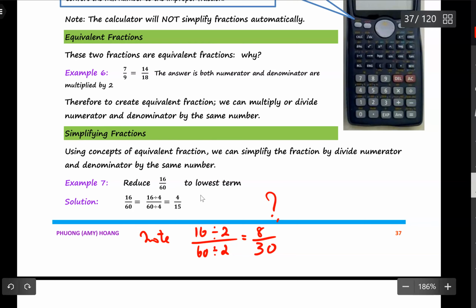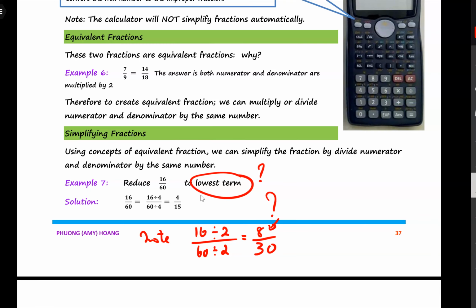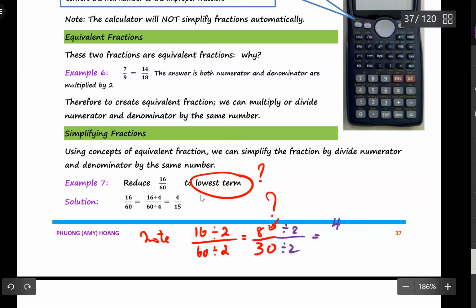But is it the lowest term? No, because with 8 over 30, I can divide further. So I will continue dividing the top and the bottom by 2, and I will have 4 over 15. Now I cannot divide any further, therefore 4 over 15 is the lowest term.